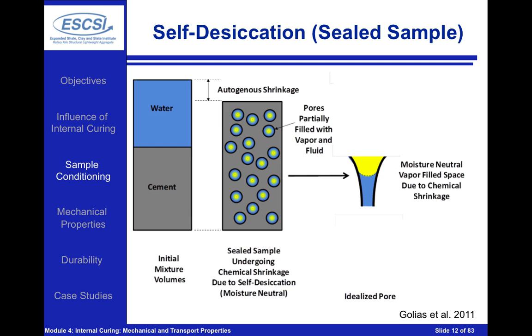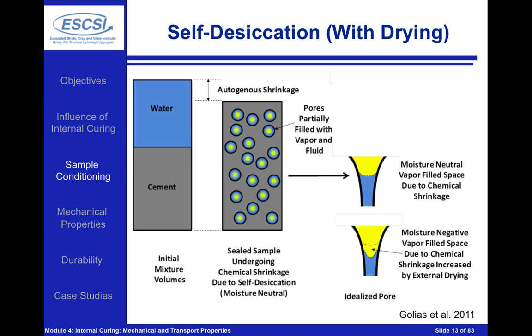What we're trying to show here on the right-hand side is the typical pore, which may go from a very large pore at the top to a small pore at the bottom, with the yellow region representing the vapor-filled space and the blue region representing the water that's still available inside of the system.